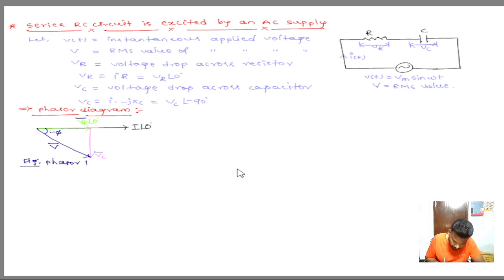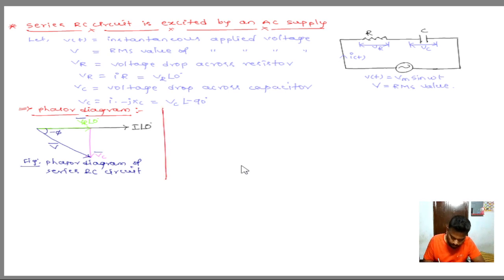This is the phasor diagram of the series RC circuit. Next, draw the voltage triangle.